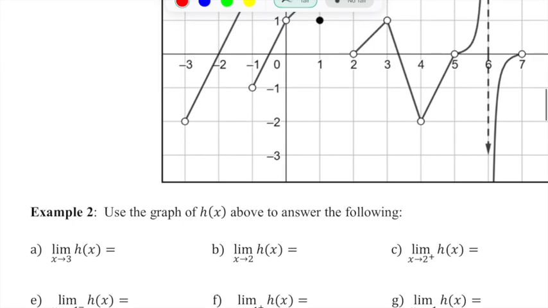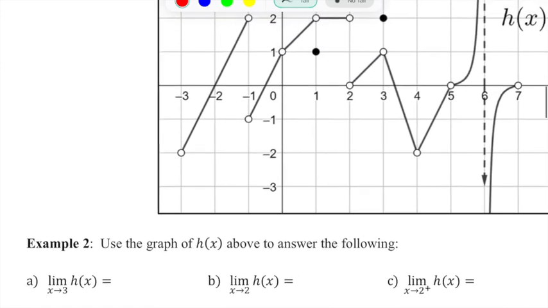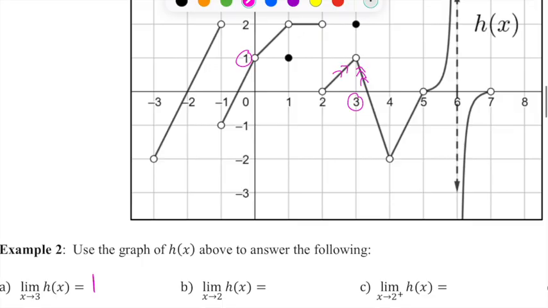So let's look at part A. We want to see what happens as we approach 3. So x equals 3. From the left and right, it looks like they both agree and that the value is going to be 1. Part B, what happens when we approach x equals 2?